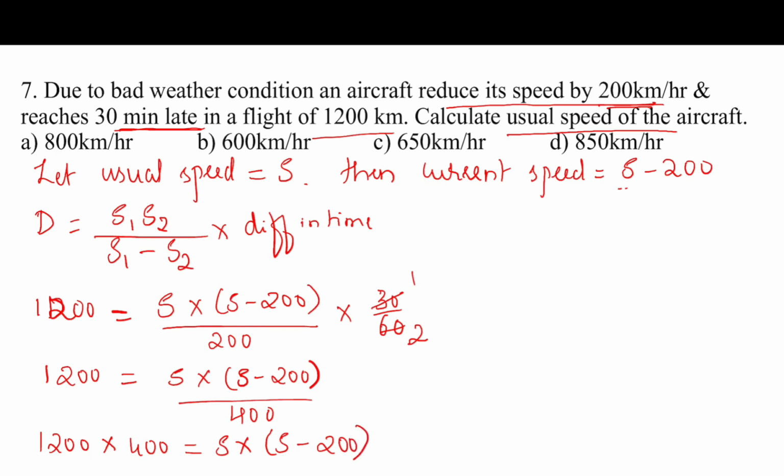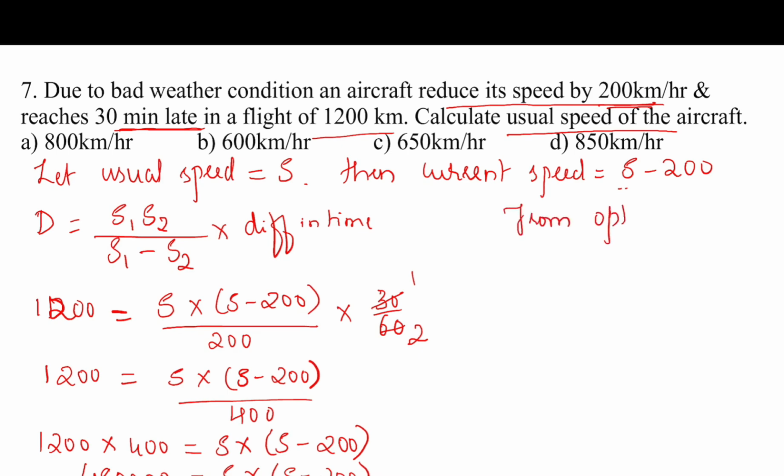Okay, so 12 into 4 is 48 and 4 zeros, which is equal to s into s minus 200. You might be thinking why I am not solving s into s minus 200, because if we solve it, it will become a quadratic equation. It becomes s square minus 200s, isn't it? And then taking roots and all will be very difficult. So instead of that, we can take the options method.